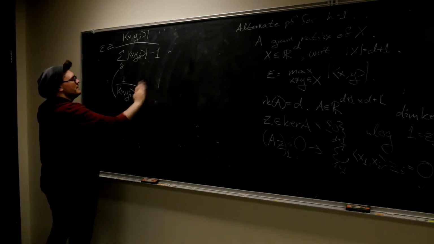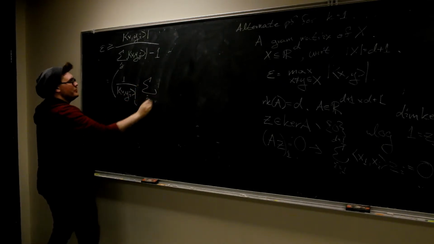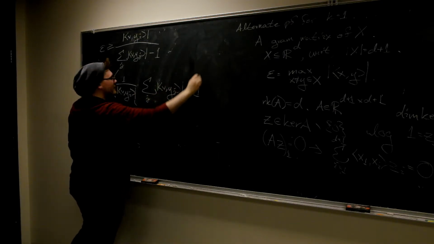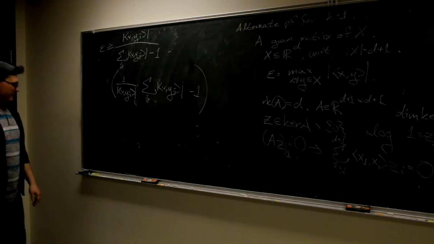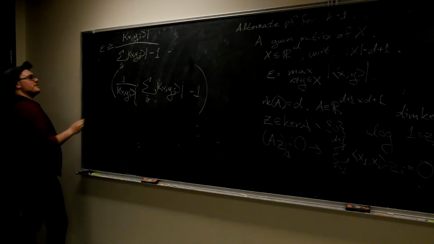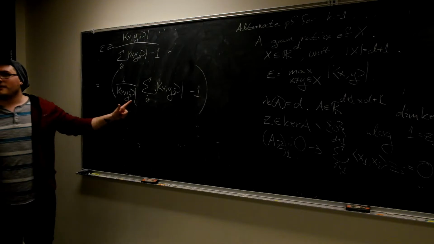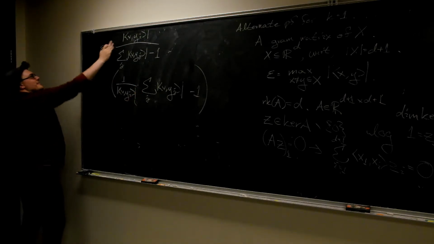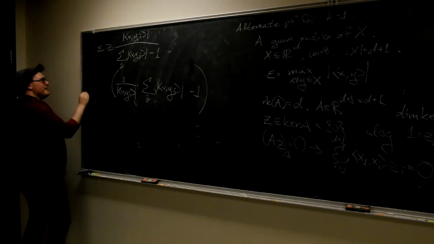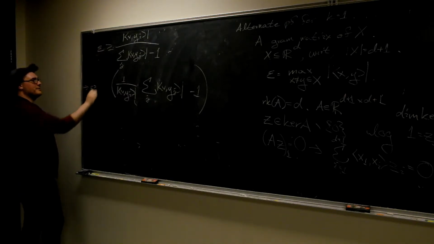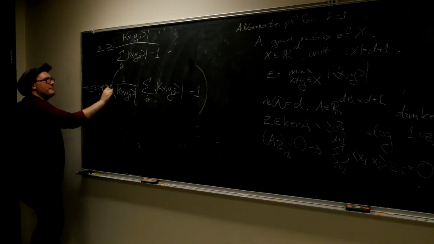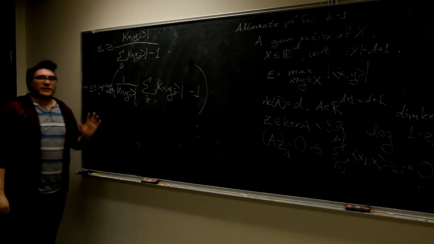Then the sum over all j of the absolute value of v with yj, minus 1. Not really doing anything. But now here's the great thing. This was true for all i and all v, so I could put two sups here. So I could say epsilon is bigger than or equal to the sup over all i, and also the sup over all v in R to the k, because it was true for an arbitrary one.